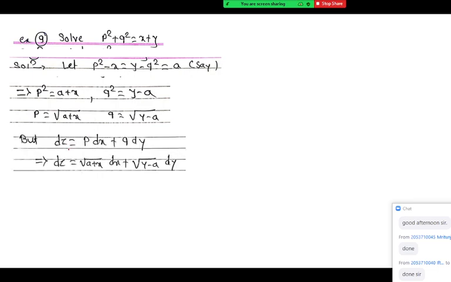So replacing it in p dx plus q dy, the value of p is a root of a plus x, value of q is a root of y minus a. Now just integrate. What is integration of dz? Integral of dz is obviously z. What about integration of this first term? What's the integration of root of a plus x?